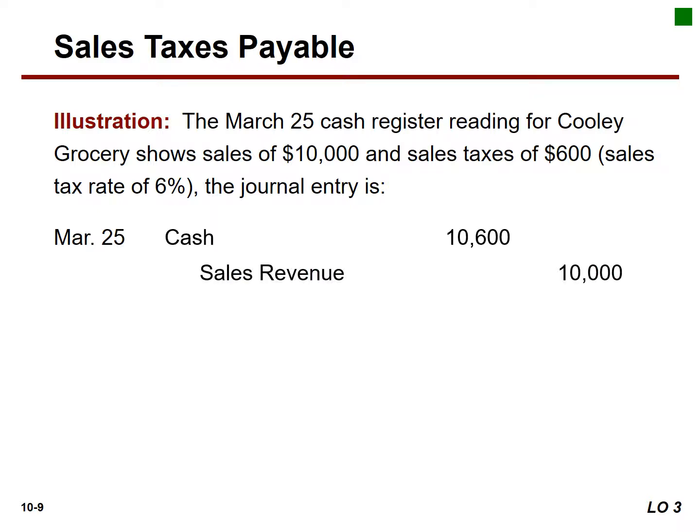They're going to credit their sales revenue account for the $10,000 in sales, and they're going to credit sales tax payable for the $600 that they have collected from their retail customers. Again, when this money is sent on to the state government, this business will go in and debit sales tax payable for the $600 and credit cash, or actually more than that, because typically that's done on a monthly basis. So they'll take that month's sales tax collections and send it on to the state.